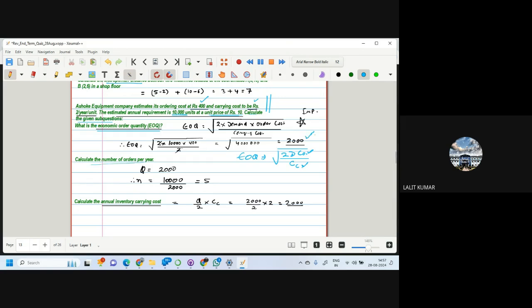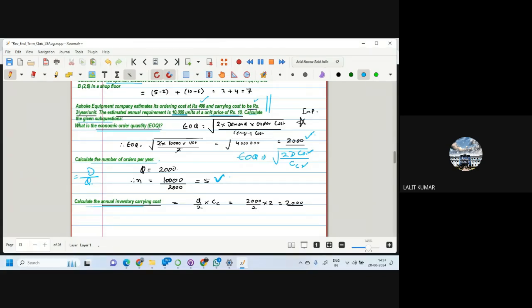Calculate the number of orders per year. This will become D by Q. So how much is demand? Demand is 10,000 and Q is 2,000. So number of orders will be 5. Calculate the annual inventory carrying cost.